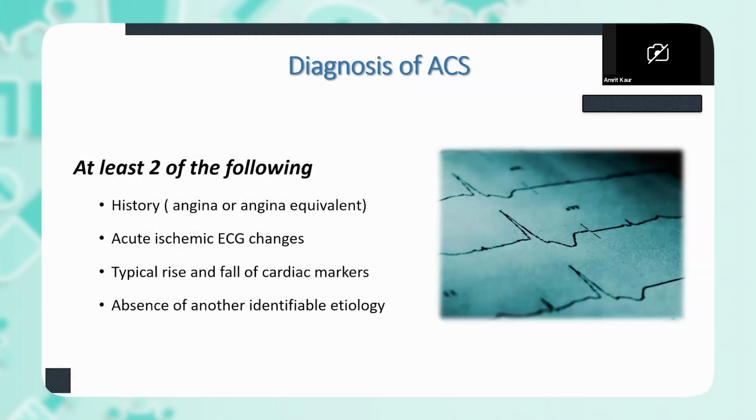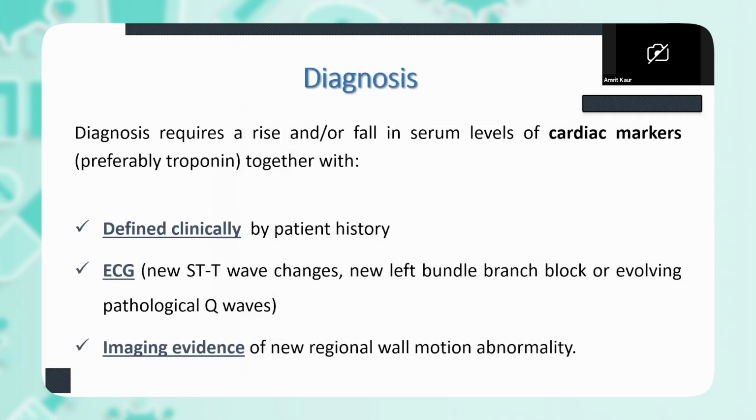Diagnosis can be made clinically. We should have a rise and a fall in the serum level of cardiac markers. When a patient comes with symptoms of MI and you do an ECG and see ST or T wave changes or a new left bundle branch block, and you send cardiac markers, it is important to interpret the marker as a level that is either falling or rising.